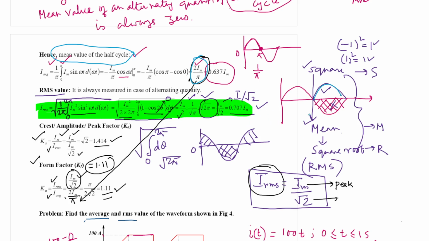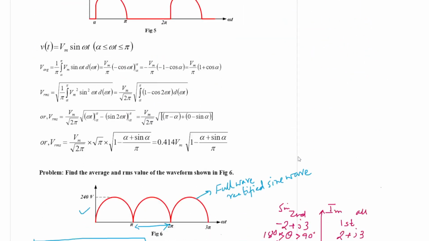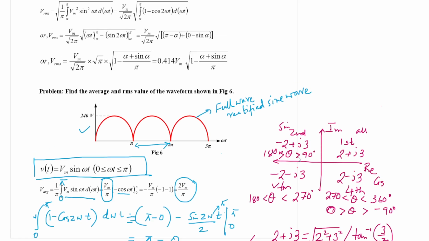The only difference is that in the previous case you are calculating the RMS value for this wave, and for this one you are calculating the RMS value for this wave. After squaring it, it becomes this. Now after squaring, both the waves are the same, so the results are exactly the same.